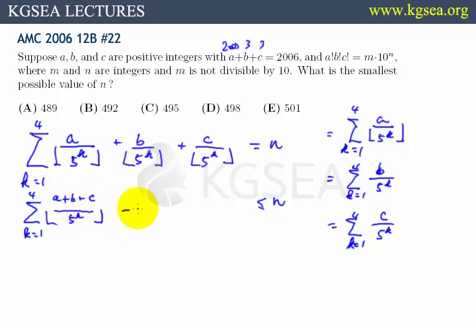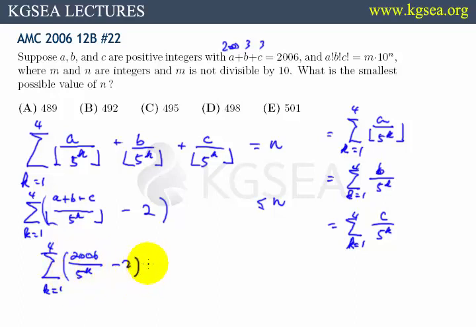But remember that minus 2 business comes in. So that's how it becomes. Then what does it become? Well, you know what a plus b plus c is. It's 2006. So k goes from 1 through 4, I have 2006 divided by 5 to the k power, minus 2.